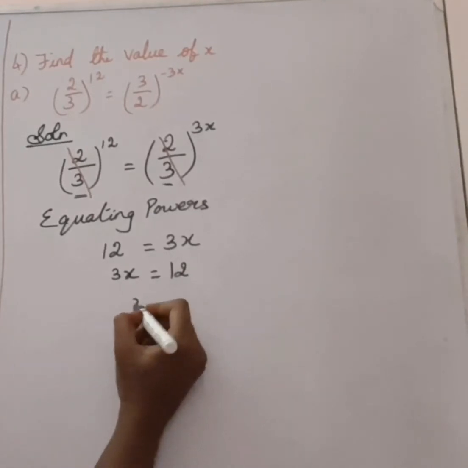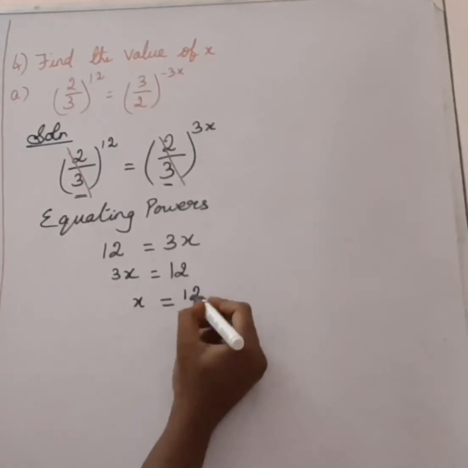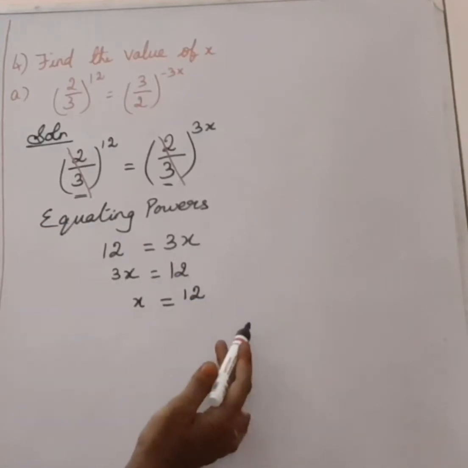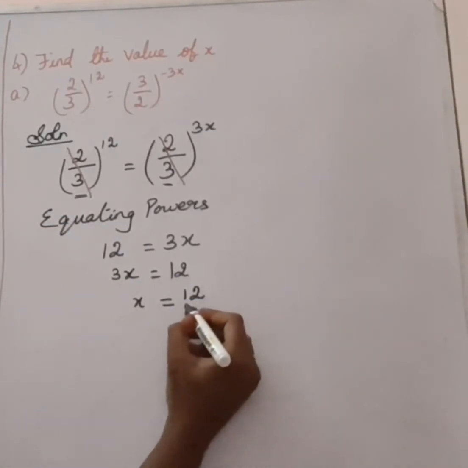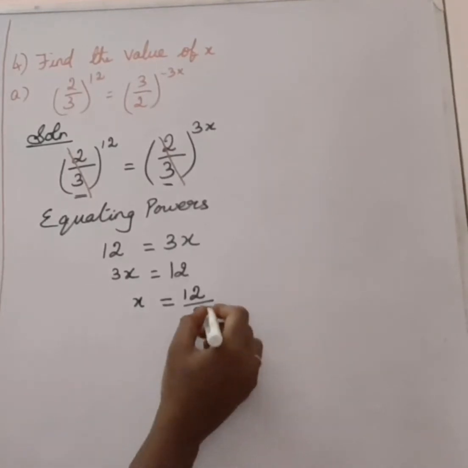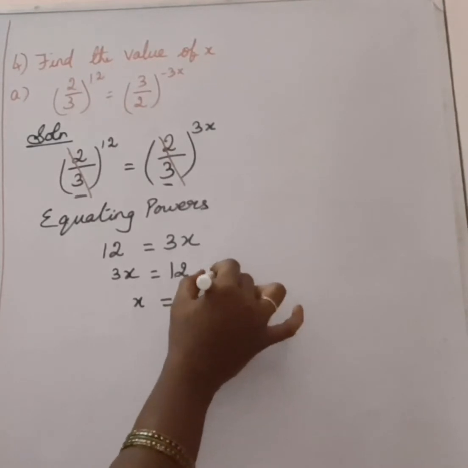Now let us take this x alone on the LHS. We already have 12. This 3 is multiplied with x, so this 3 will be converted into division on the right hand side. So, 12 divided by 3. What do we get here? 1 times 3, and 12 is 4 times.